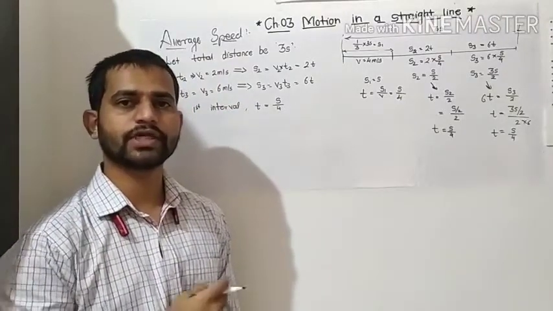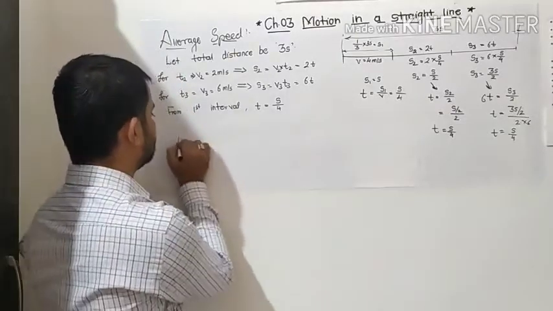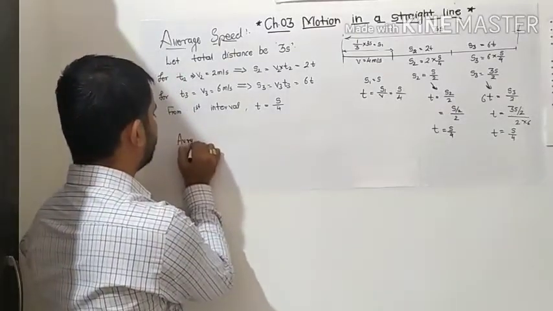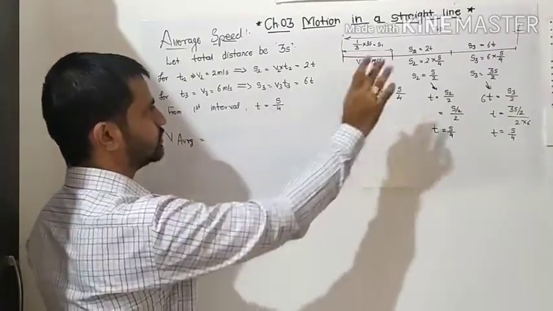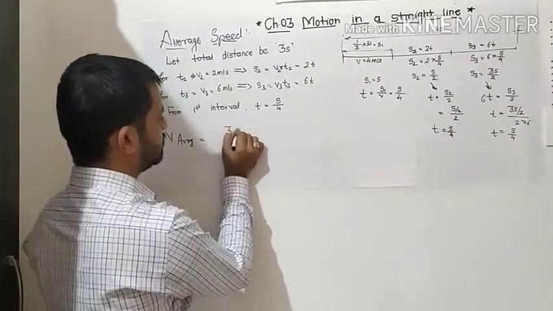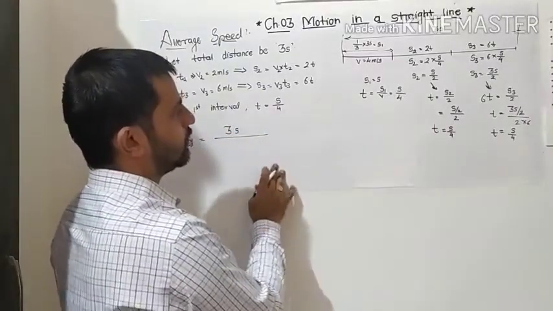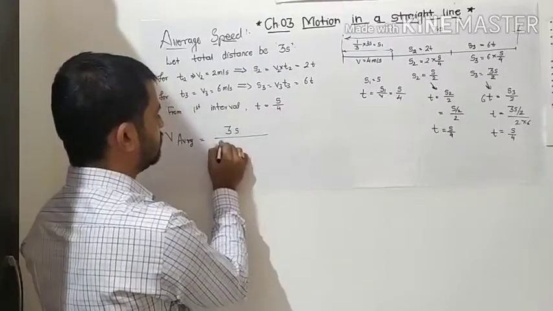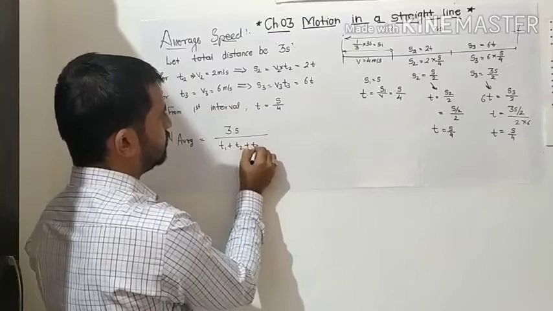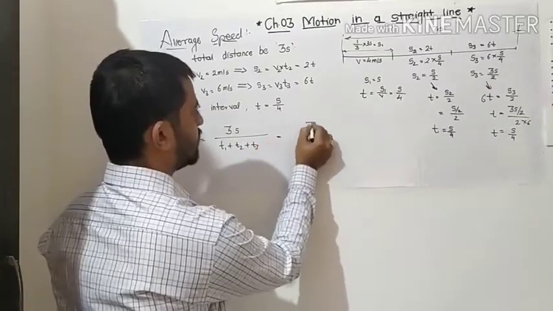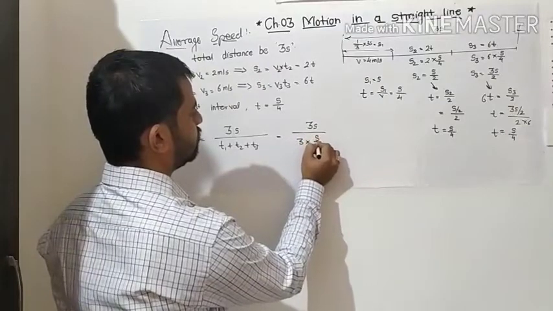So we can use our formula of the average velocity. V average is equal to the summation of all the distances, the total distance we have considered 3s, upon the total time intervals, that is t1 plus t2 plus t3, and is equal to thrice s upon 3 into s upon 4.